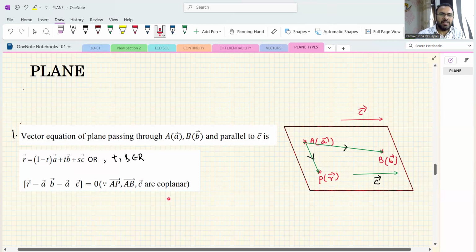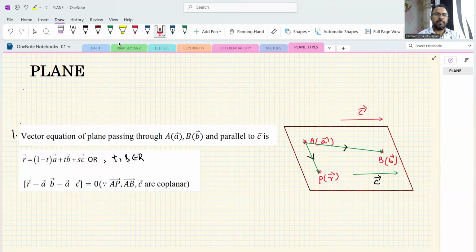So AP bar, AB bar, and C bar are coplanar vectors. Then what do we write? We write that one vector can be expressed as a linear combination of the other vectors, so some T into AB bar vector plus S into C bar vector, isn't it?